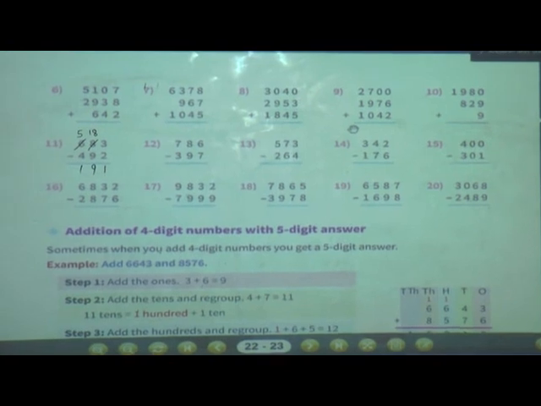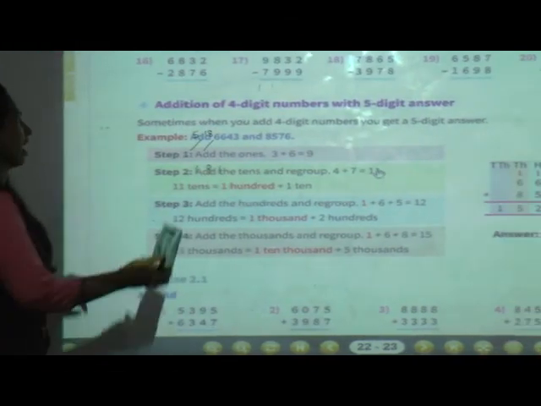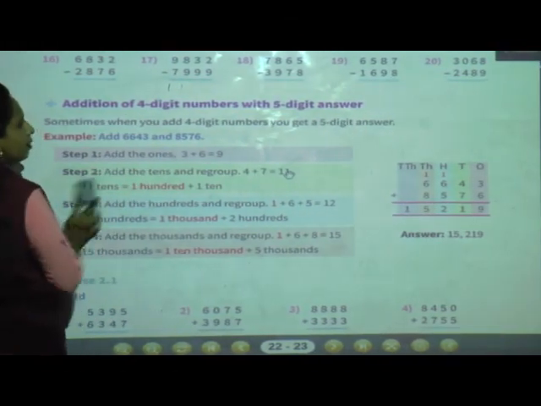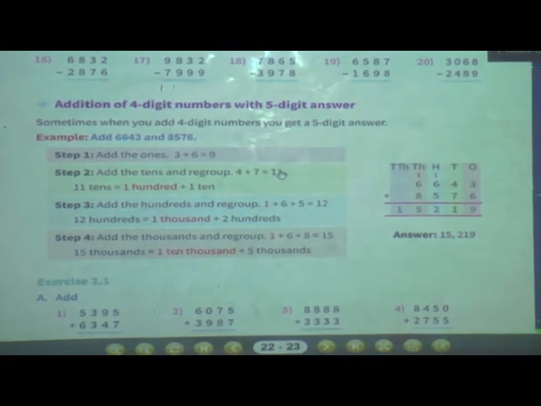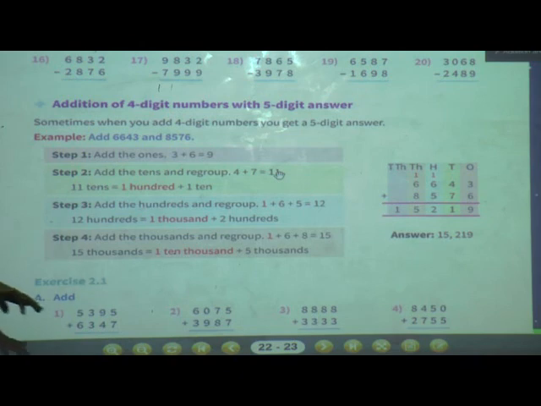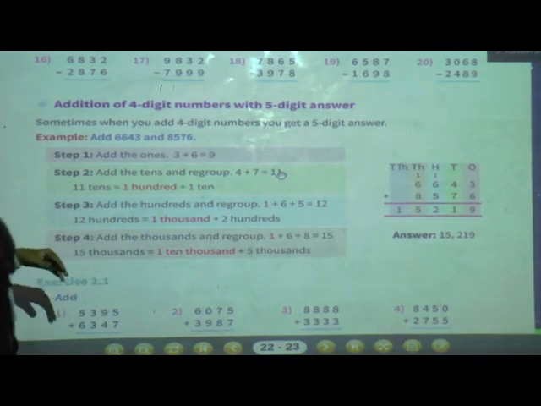Understood? Now we will see the new concept of this chapter, that is addition of 4-digit numbers with 5-digit answer. Means we are going to add 4-digit numbers only, but we get the answer in 5-digit. Okay.